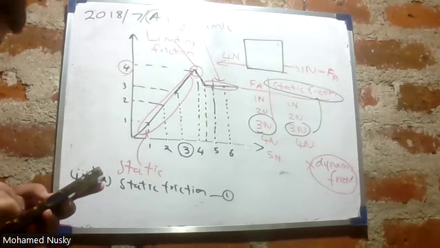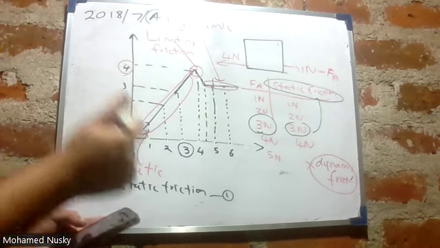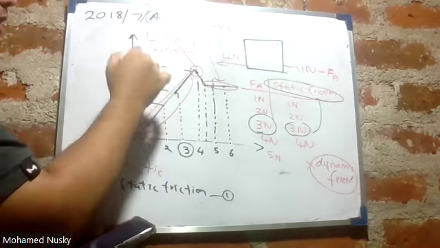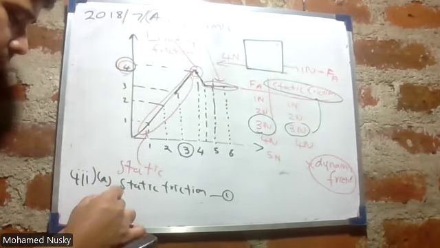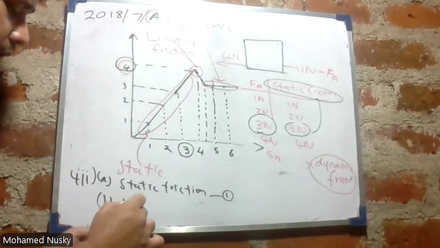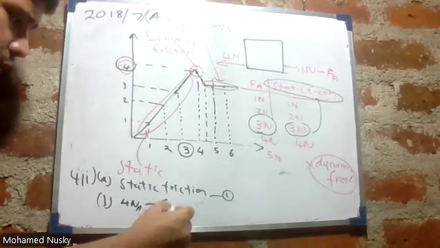What is the next question? What is the limiting friction force exerted on the block of wood as indicated in the graph? Limiting friction is 4 Newton. So in B part, limiting friction is 4 Newton. For this also we have given 1 mark.